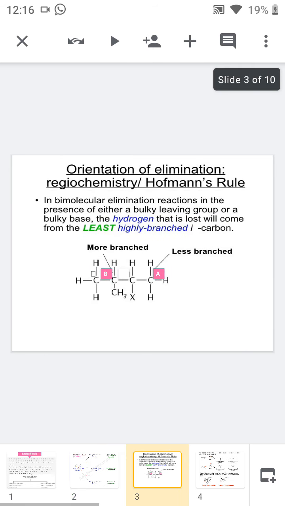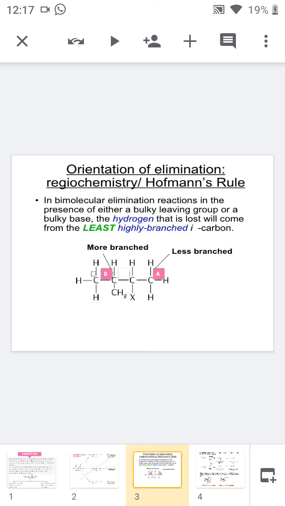Okay, now we are moving on to the next topic, that is Hofmann's rule. Hofmann's rule is also applicable in elimination reactions. Where do we apply Hofmann's rule? Hofmann's rule is applied in bimolecular elimination reactions, in which our starting material is highly substituted, and the substituent may be bulky, or sometimes a bulky leaving group exists in the starting material or a bulky base is present.